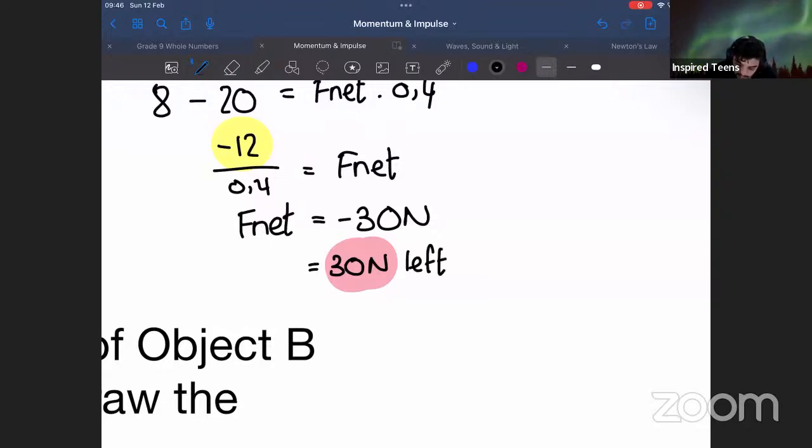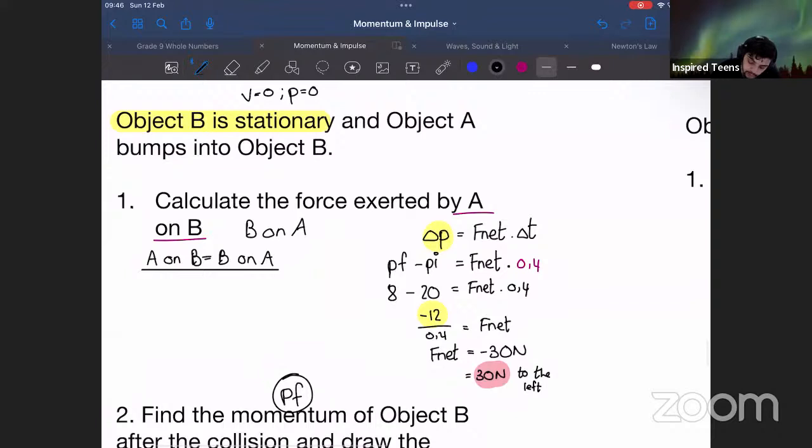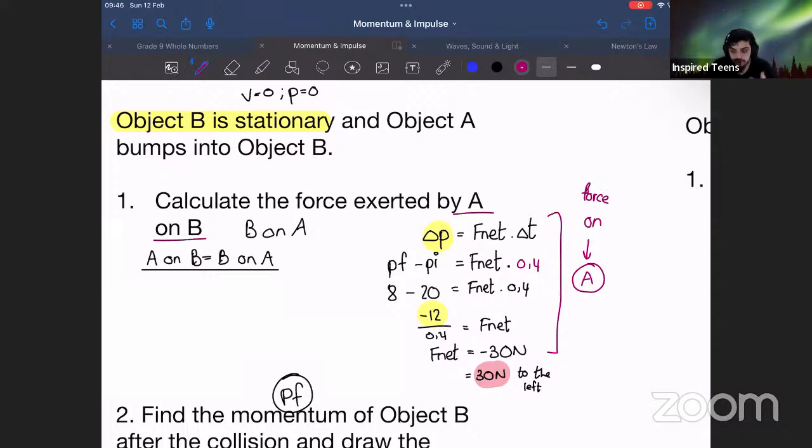It needs to be opposite of what we calculated, because remember, the information that we used here was for object A. So this is the force that is acting on object A. We want the force on object B. That's what the question asked for. So it's going to be equal in magnitude, opposite in direction. So the force exerted on B would be to the left.